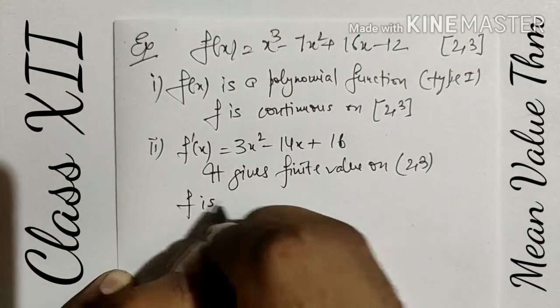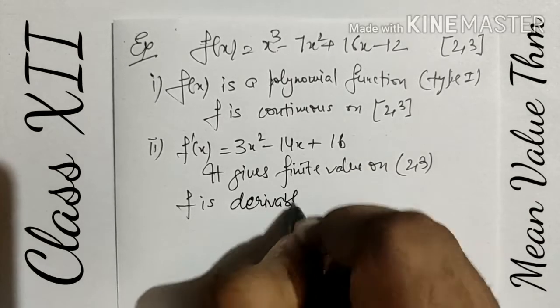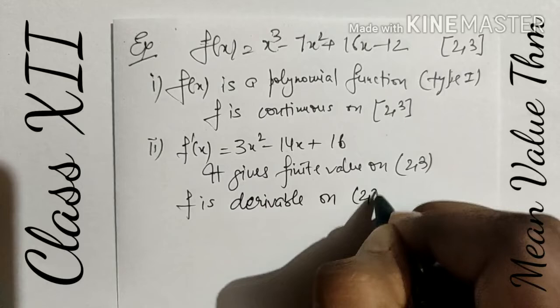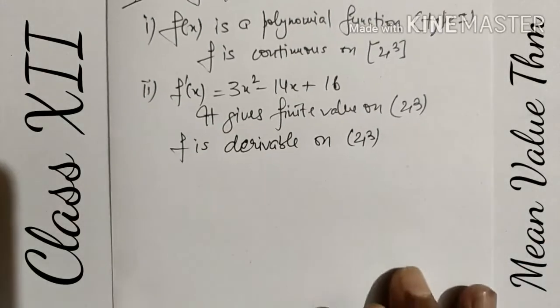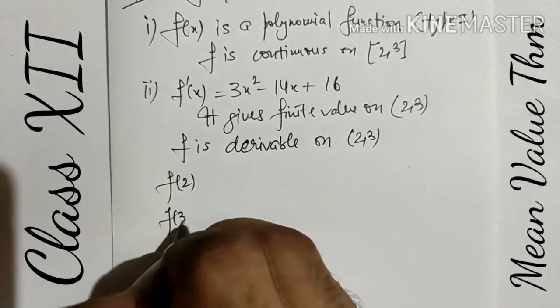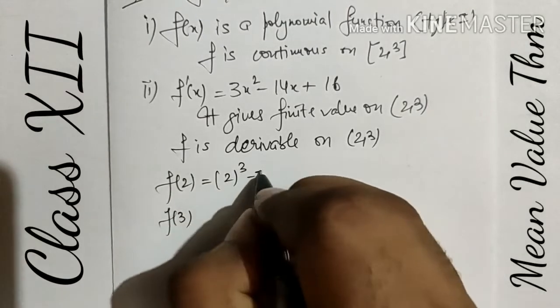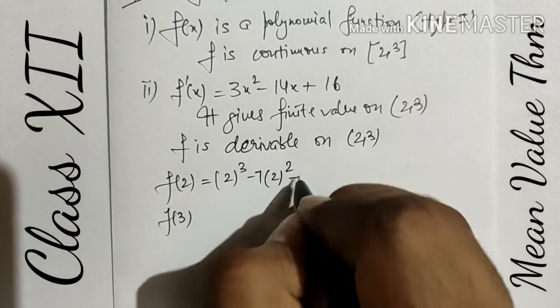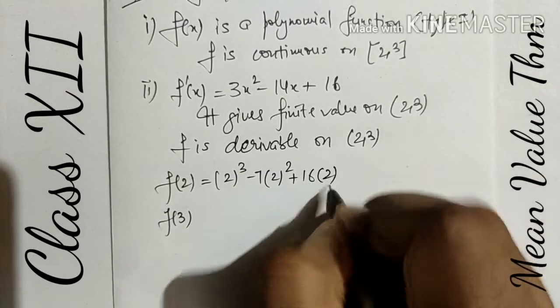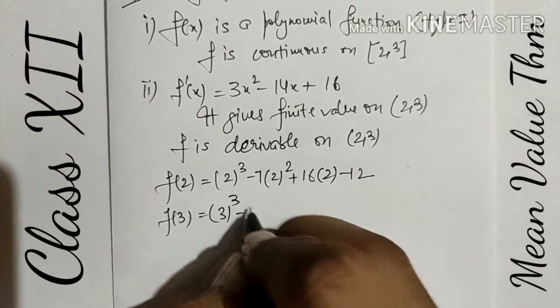So f is also derivable on the open interval. Like this we have to check the conditions. Now we have to replace the values in the given function, by replacing x by 2 and replacing x by 3.